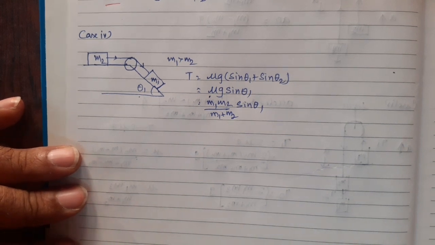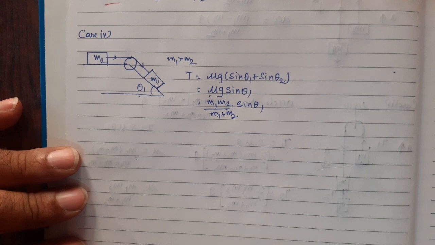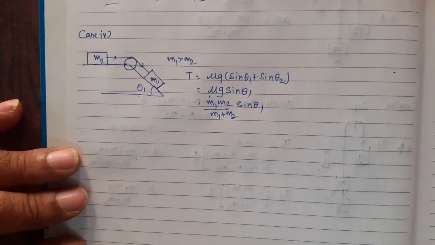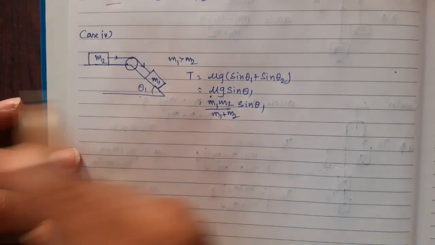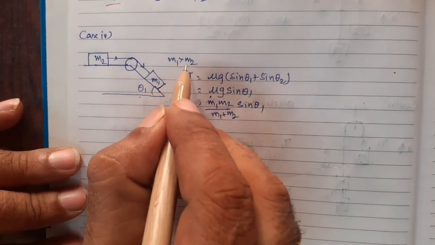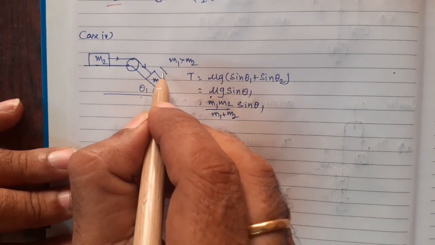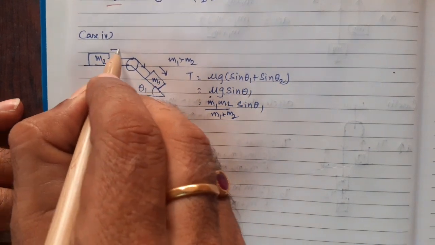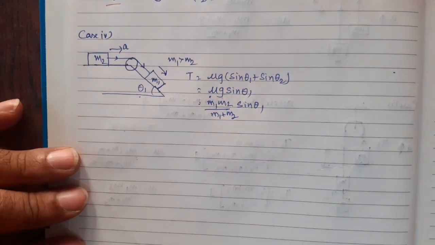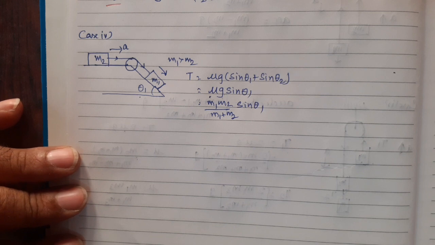And what about the acceleration? Acceleration is nothing but the forward force minus the backward force. Now m1 is greater than m2. Therefore it is moving in this direction, and this is also moving in this direction. There is no backward force.